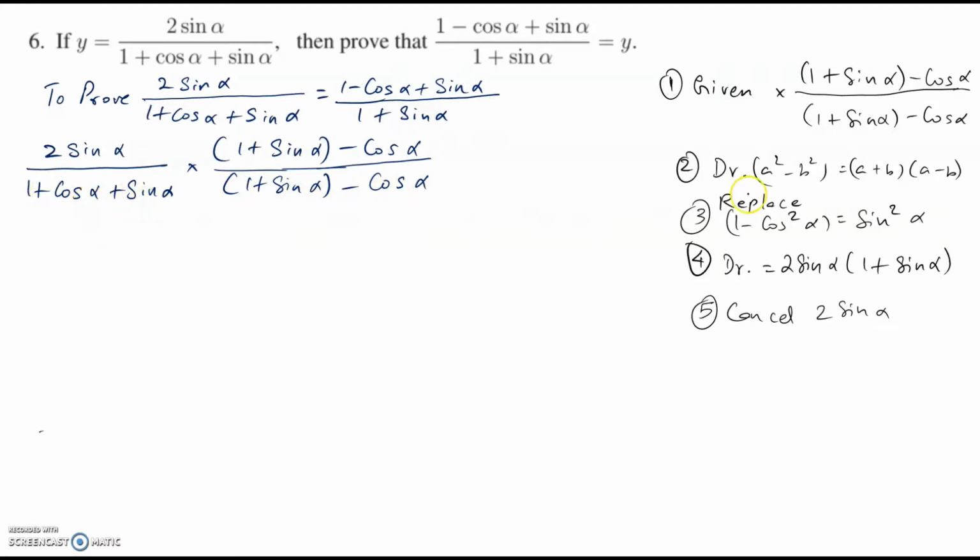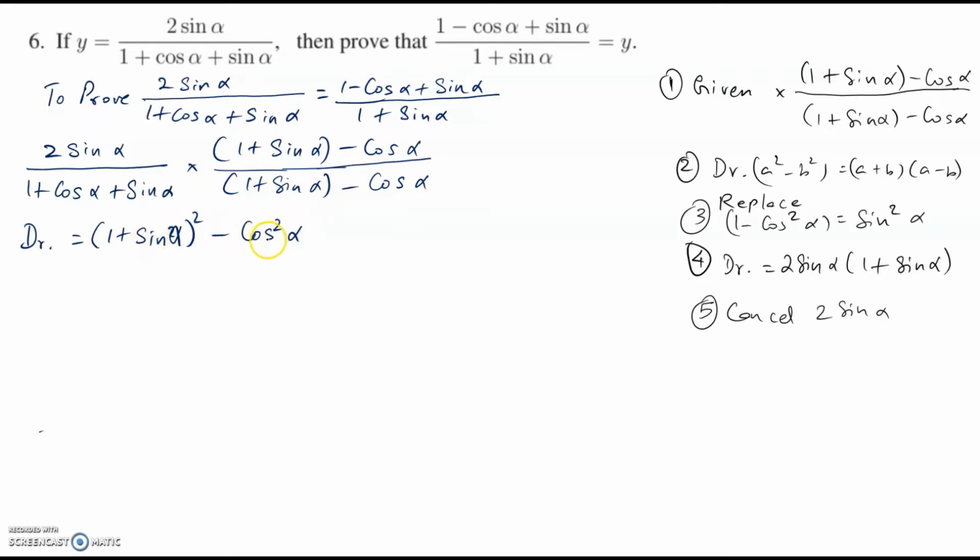So we use this formula, which is a squared minus b squared is equal to a plus b into a minus b in the denominator. So let me say the denominator equals 1 plus sine alpha squared minus cos squared alpha.